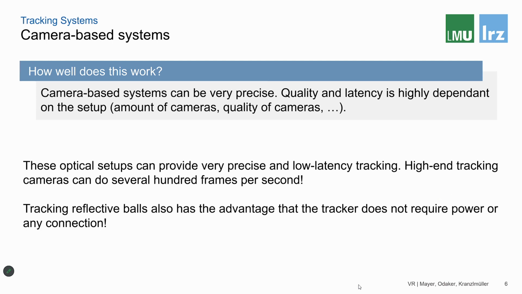So for example, if someone has the glasses on with the target on the glasses, and that person happens to have long hair, then the hair can occlude the view from the camera so that the cameras cannot see all the points or all the spheres, or some cameras cannot see spheres at all. So you want as many cameras as possible to get a good view and many angles and always see as much of the spheres as possible.